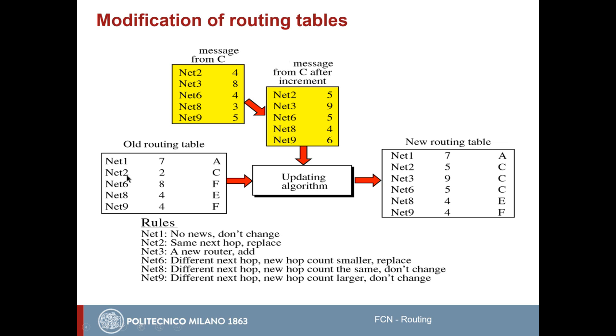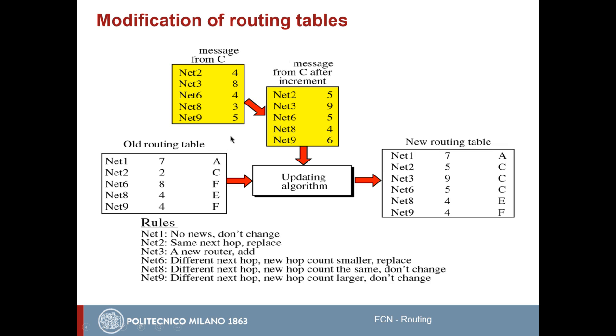Destination net 2: the original distance here was 2, and the next node was C. Actually, what I said before is not completely correct. You cannot know, looking at this table, the distance between C and the node that is receiving the distance vector.